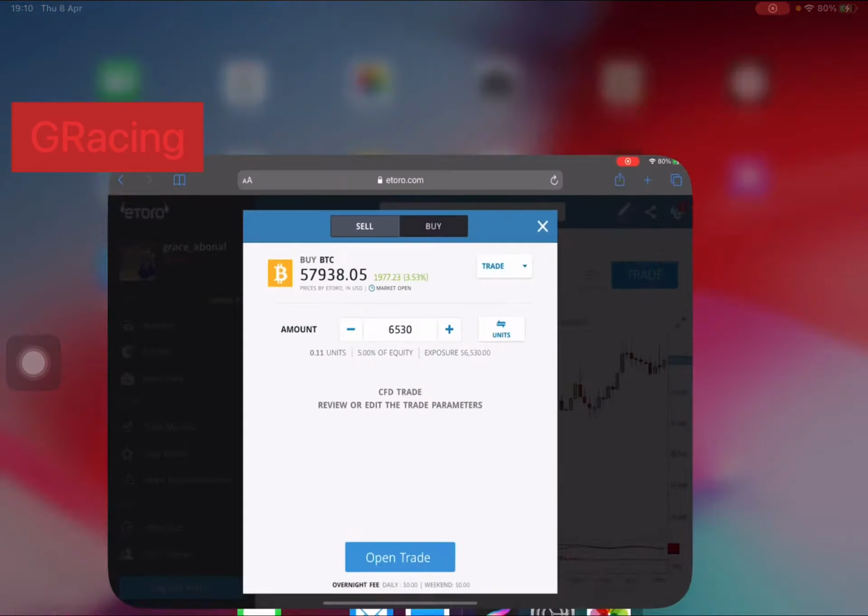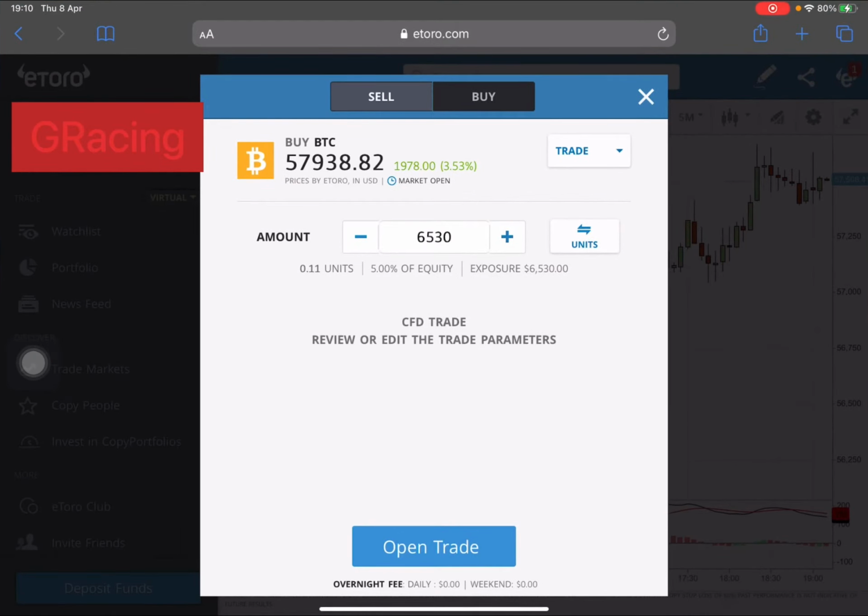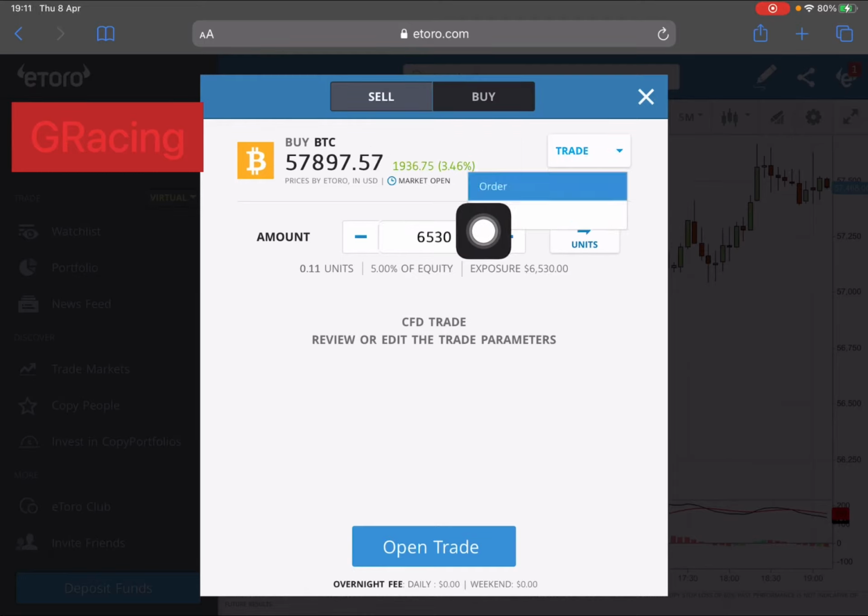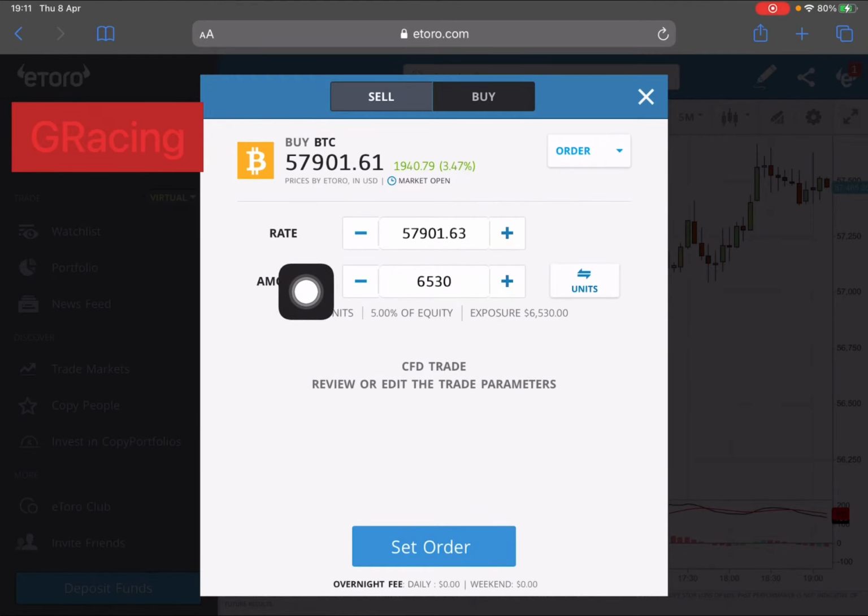Now let's go back to Bitcoin. I choose buy, right? So when I choose buy, I click trade, I will click the order, and here we go. This is the rate that I want to enter, and this is the amount of money that I want to invest.